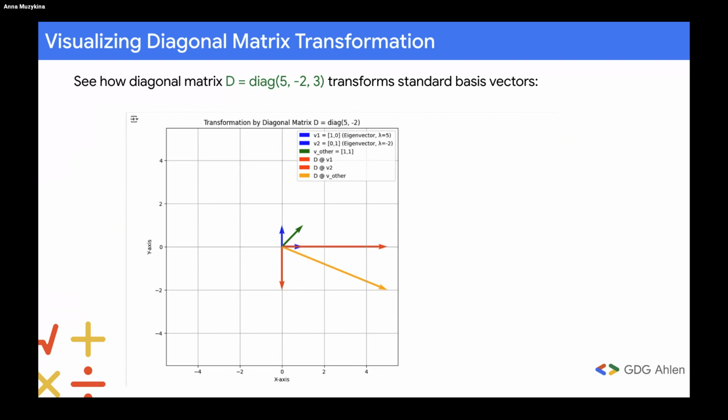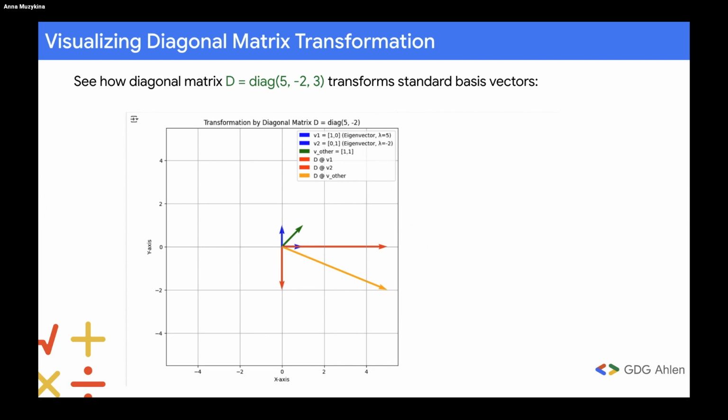The first basis vector, v1_std, which equals 1, 0, the blue arrow along the positive x-axis, is transformed into Dv1, which equals 5, 0, the red arrow along the positive x-axis. It stayed perfectly on the x-axis. Its direction or span is unchanged and it was scaled by a factor of 5.